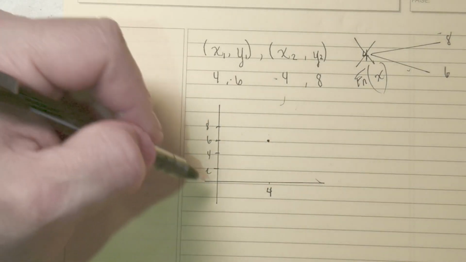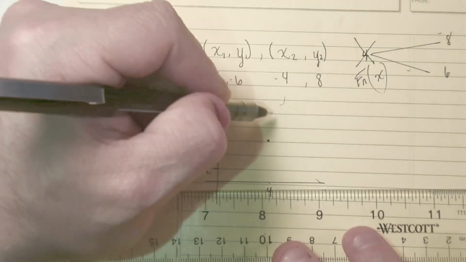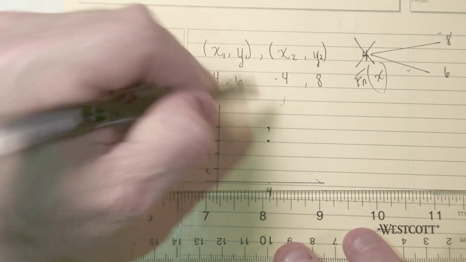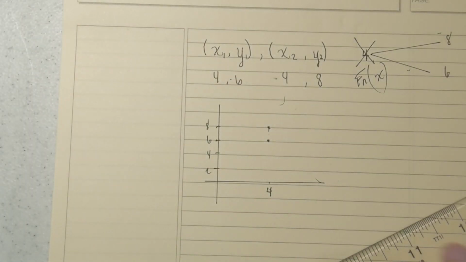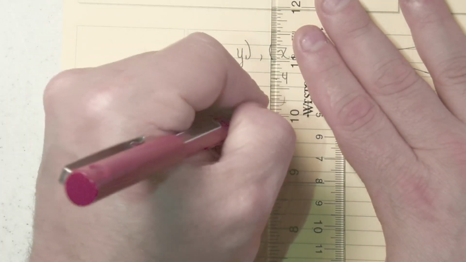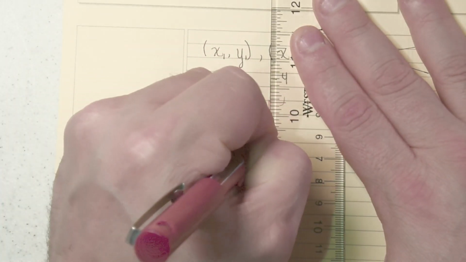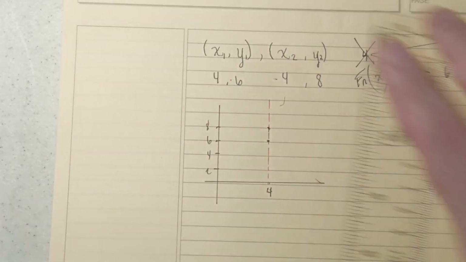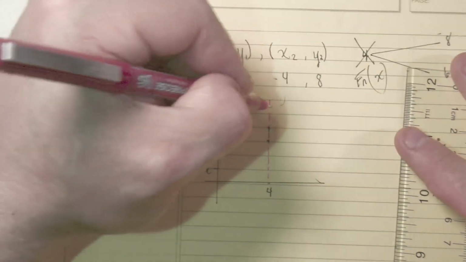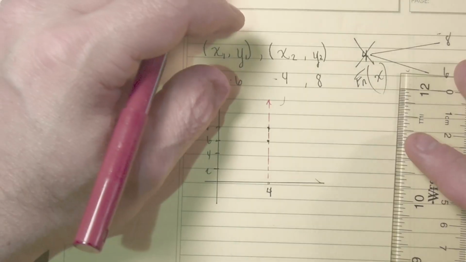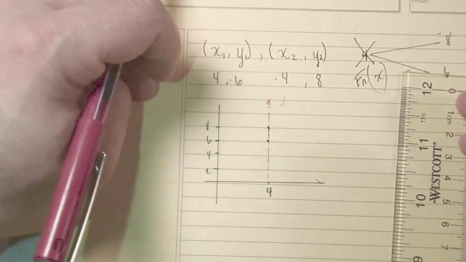And then you say, well, I put in 4 and I get out 8. Go over here, put a dot. If you connect those dots and draw a line, you have a vertical line. And that fails everywhere.